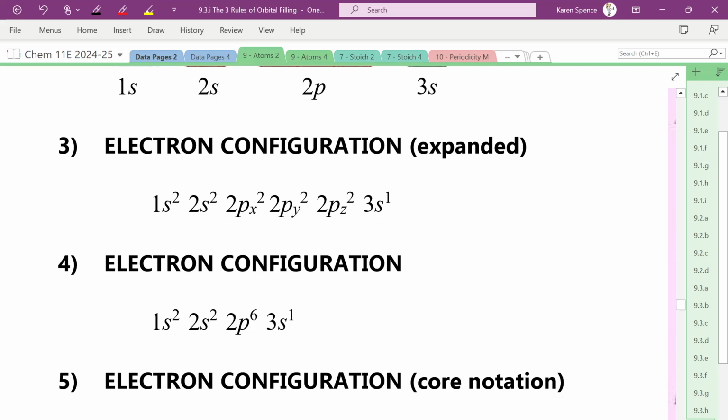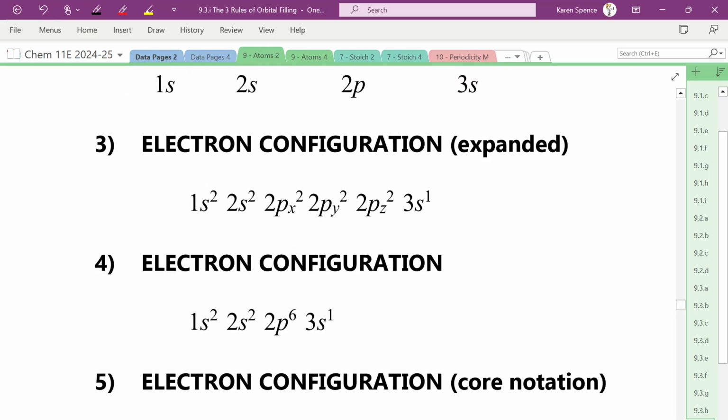It is unlikely that you will see this, but in the expanded configuration we've separated out the 2px, the 2py, and the 2pz. I don't think you're going to have to do that or even recognize it, but I have come across it, so I thought I would mention it. It usually just gets reduced into 2p6. Is that good? Okay. So if you see it that way, you won't be like, wow, what's that?